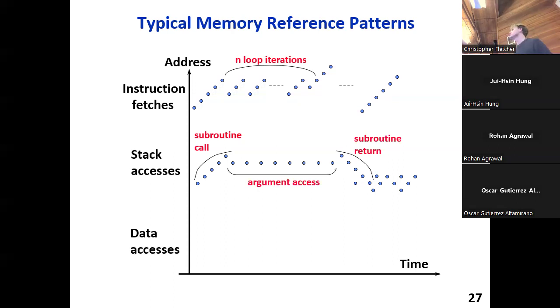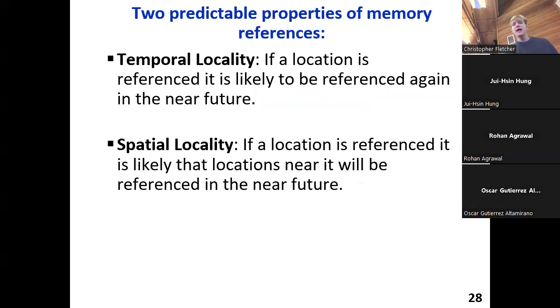And then finally, we have normal data accesses, not associated with a data structure like the stack when you're pushing and popping, but there's still a lot of regularity in these access patterns. So you might have vector accesses or scalar accesses. If you boil these different access patterns together, you get two properties bubbling to the top. Program access patterns, by laws of nature in how we construct programming languages and build large programs, feature temporal and spatial locality.